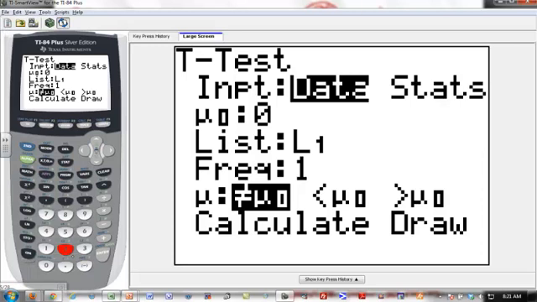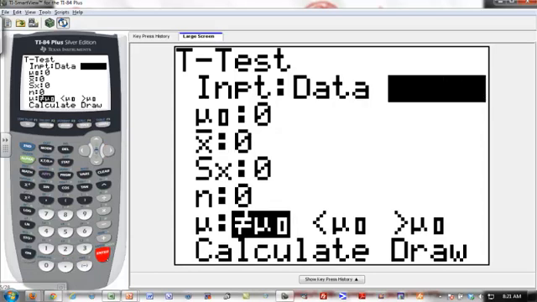T-test asks us, do we have the raw data, meaning do we have how many hours each individual battery lasted, or do we have statistics that summarize our data? We have statistics. So let's switch over to statistics mode. Hit enter. Now it's going to ask us, what's mu naught? Or in other words, what was the value associated with mu equals in the null hypothesis? 30 in this case.